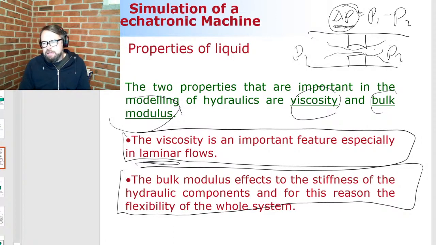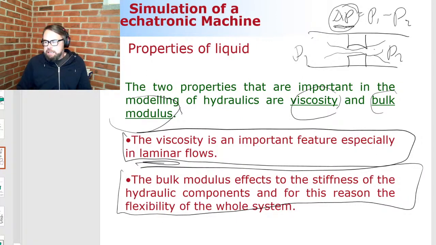And it is extremely important, because there are cases where the overall flexibility of a machine is mainly due to the hydraulics, and only a very minor contribution comes from the deformation of mechanical components. The flexibility of hydraulics is so significant that we have to take it into account when we are computing the pressures in different locations of the hydraulic circuit.